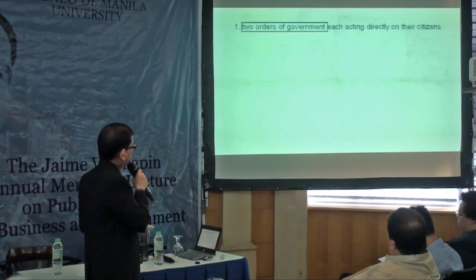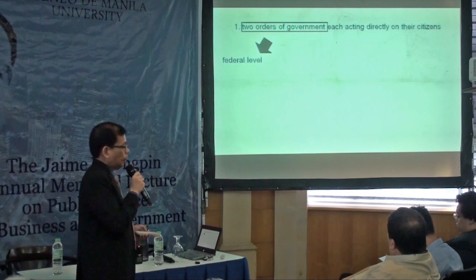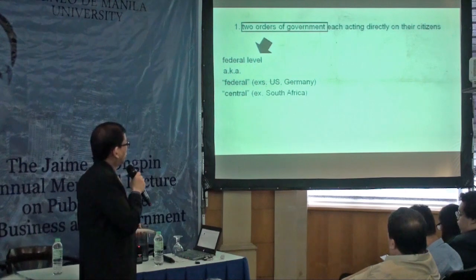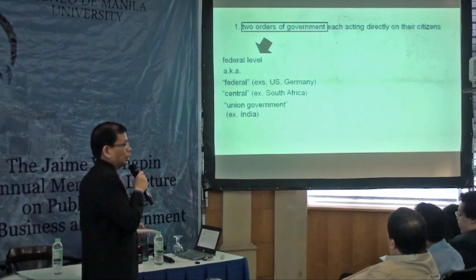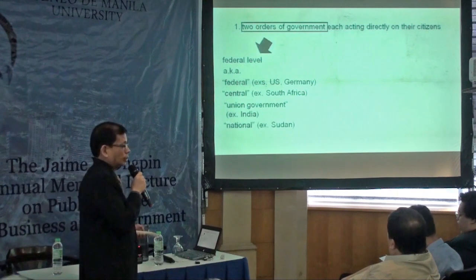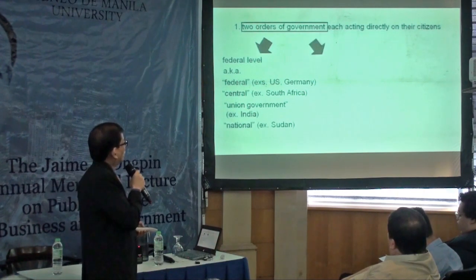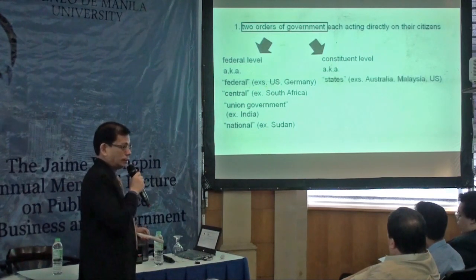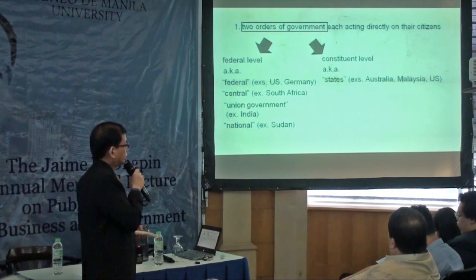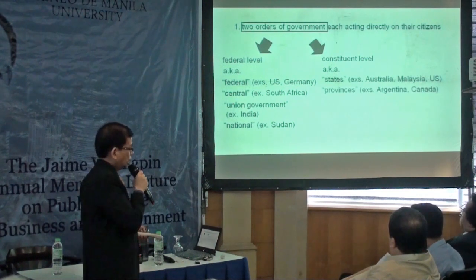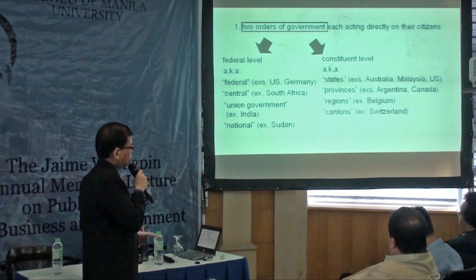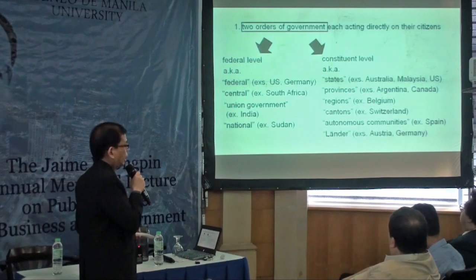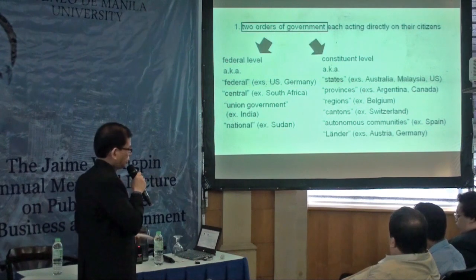These 2 orders of government, the first would be the federal level, also known as federal in the US and Germany, central in South Africa, union government in India, national in Sudan, and the second level would be the constituent level, also known as states in Australia, Malaysia, the United States, provinces in Argentina, Canada, regions in Belgium, cantons in Switzerland, autonomous communities in Spain, Länder in Austria and Germany.